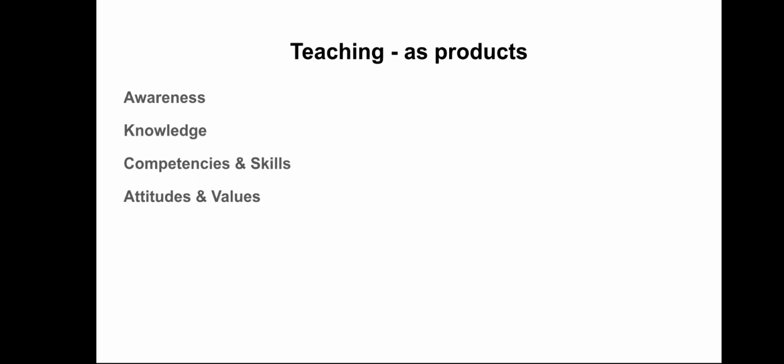Now let us see some products. Teaching as products, we can say, if some products also is there. So the first or basic product of any form of teaching, whatever method you follow, the intended product, the basic product is awareness.